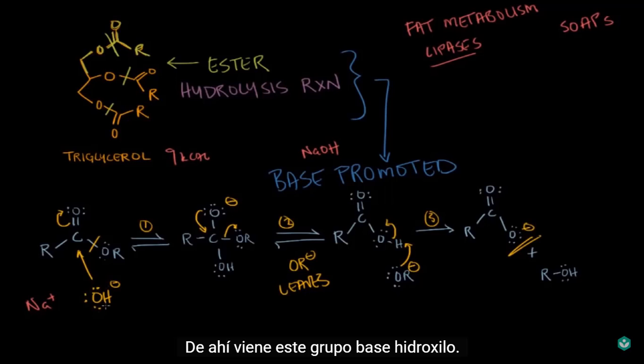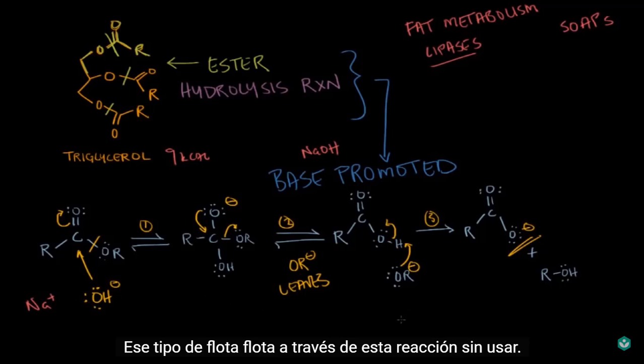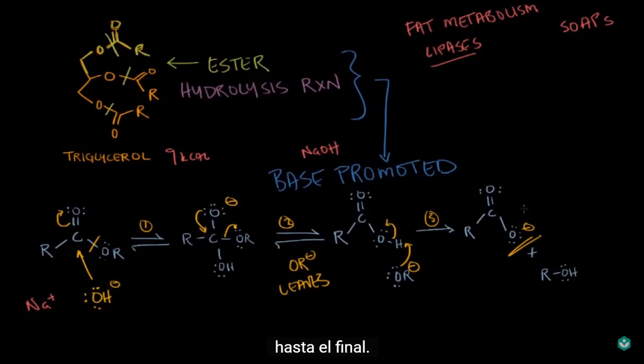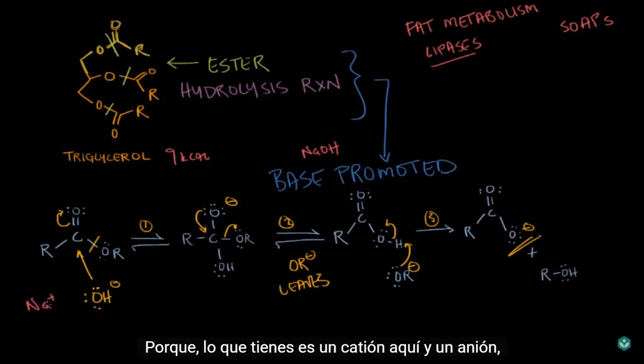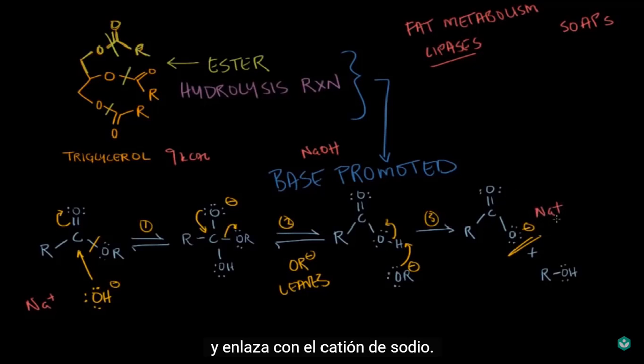That's where this hydroxyl group comes from, the sodium hydroxide, and you end up with this sodium cation that just kind of floats through this reaction unused until the very end, because what you have is a cation here and an anion. This is a polyatomic anion, this carboxylate anion, and it links up with the sodium cation to form an ionic salt. This is an ionic bond, so we've got a salt here.